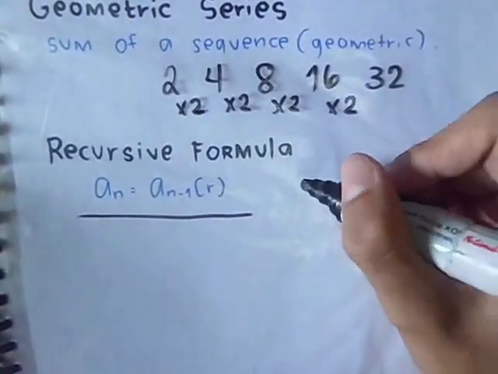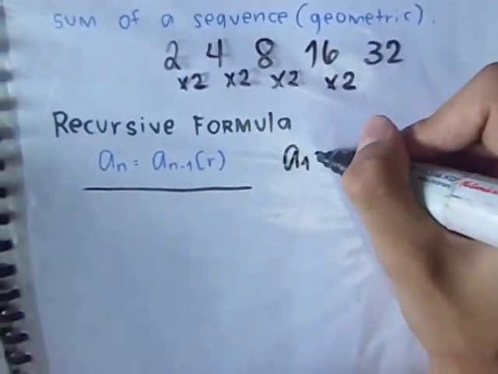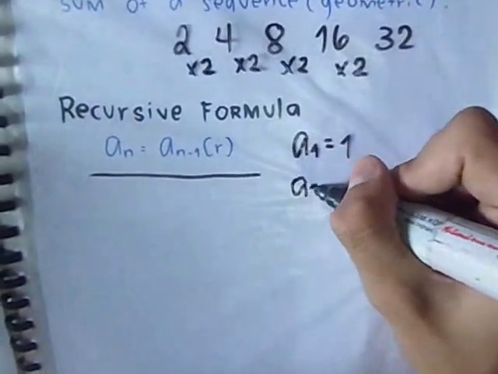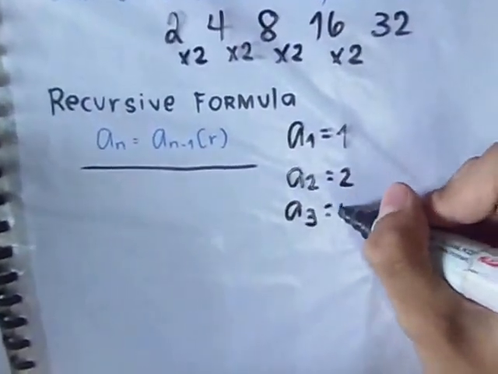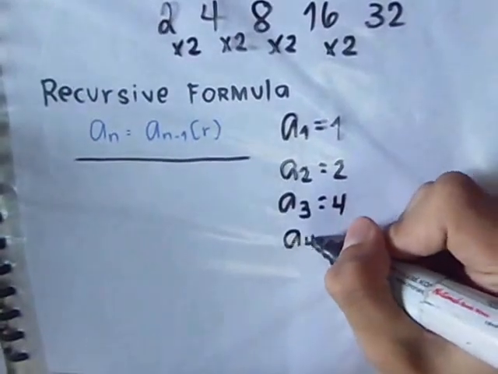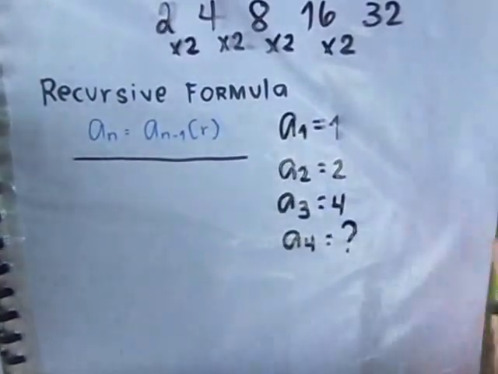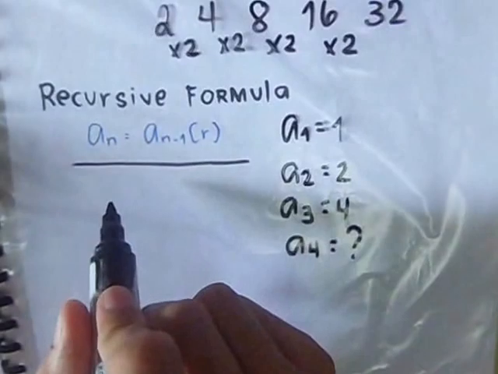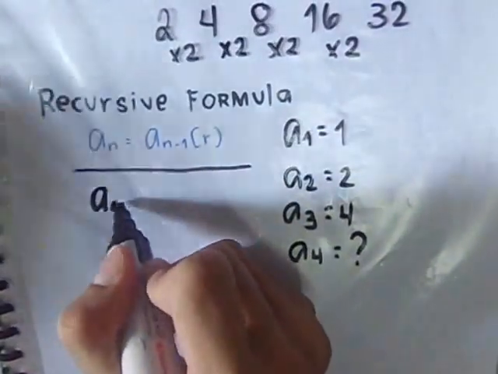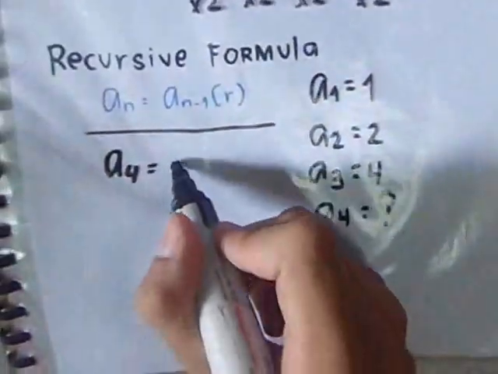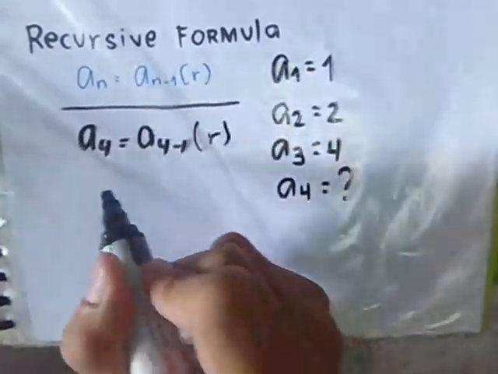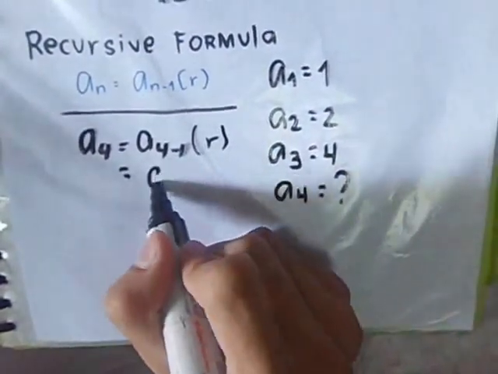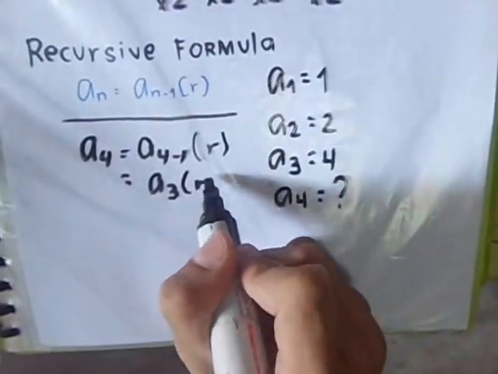For example, we have a sub 1 is equal to 1, a sub 2 is equal to 2, and a sub 3 is equal to 4. Let's find a sub 4. By substituting in our recursive formula, we will have a sub 4 is equal to a sub 4 minus 1 multiplied by r, and a sub 4 minus 1 is equal to a sub 3 multiplied by r.